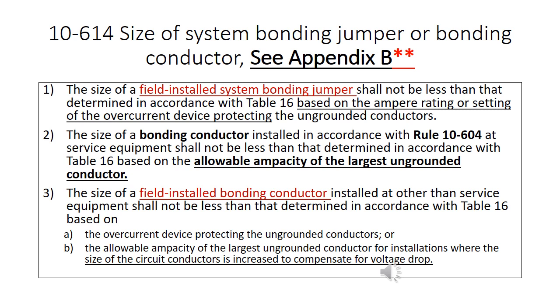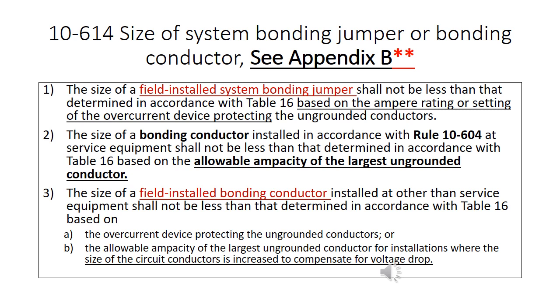Subrule 1. The size of a field-installed system bonding jumper, and by now we should all know what a system bonding jumper is, shall be not less than that determined in accordance with Table 16 based on the ampere rating or setting of the overcurrent device protecting the ungrounded conductors.